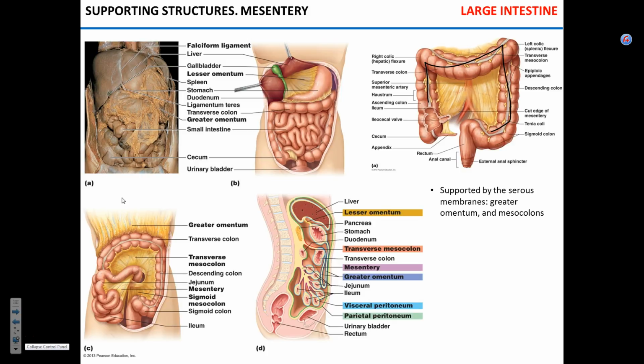Okay, so greater omentum. On this picture of the cadaver, greater omentum is removed. Greater omentum is like an apron made of connective tissue and fat.